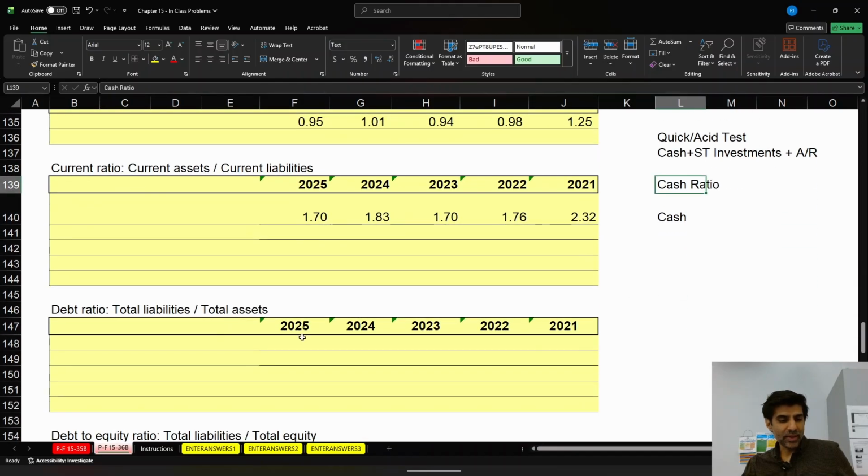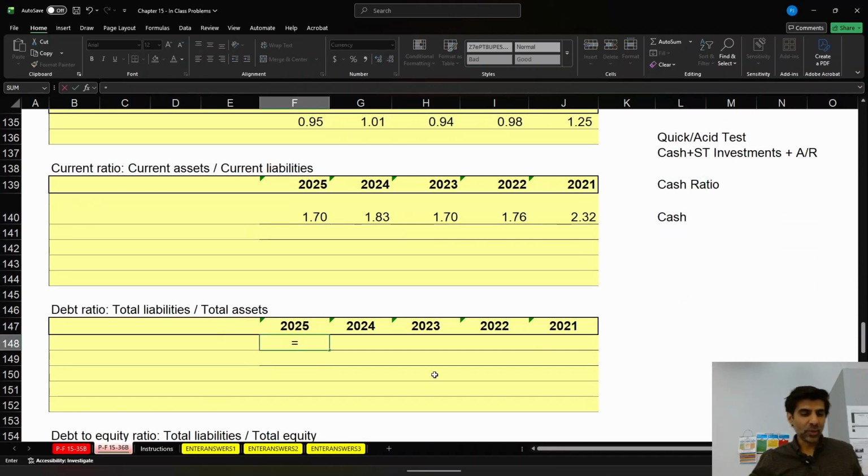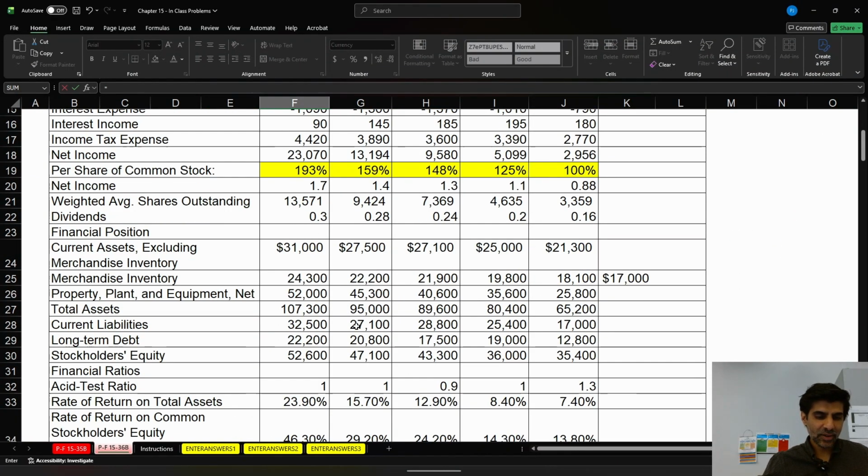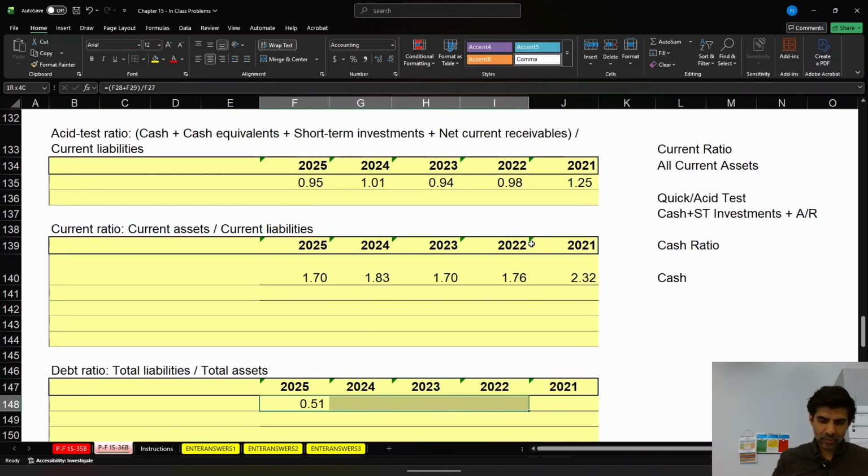Okay, and then the debt ratio is equal to your total liabilities divided by total assets. So this is just going to be your total liabilities, which they're not giving you directly, but it's your current plus long term, divided by your total assets, which is given to you in line 27.